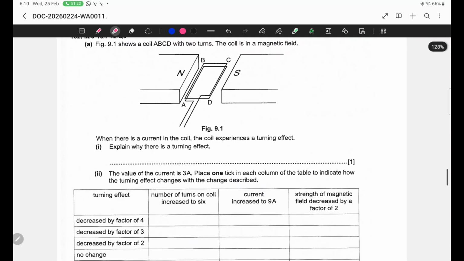In this question, the first part is, why is there a turning effect when the current passes through the coil?